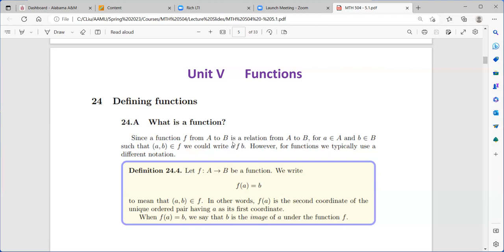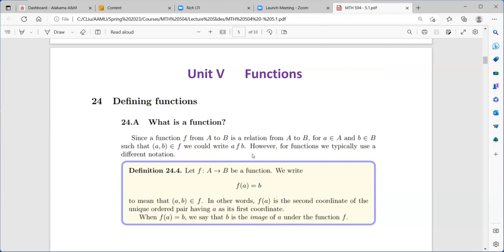We just write this to mean it is a relation from A to B, and this ordered pair (a, b) is in this relation, okay? So that's one notation for the relation.